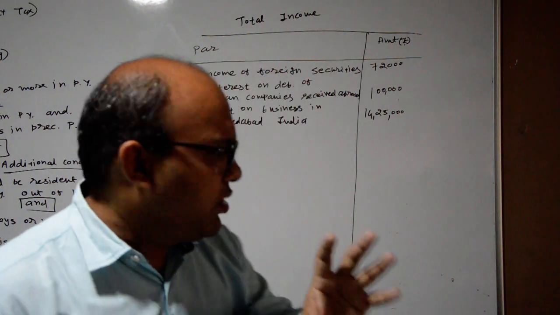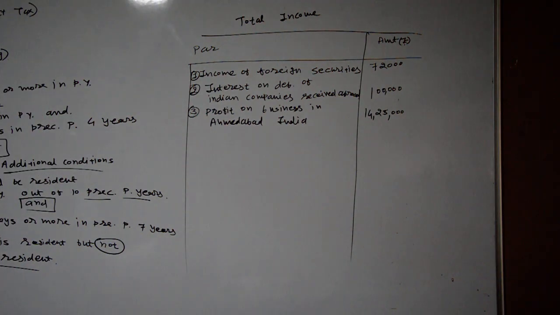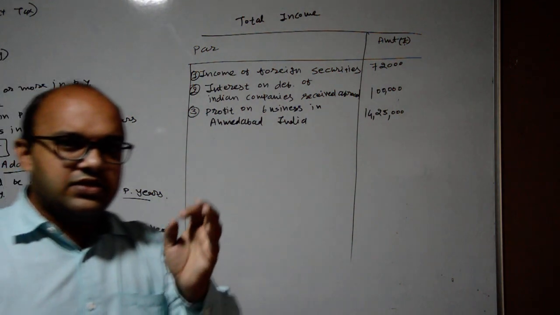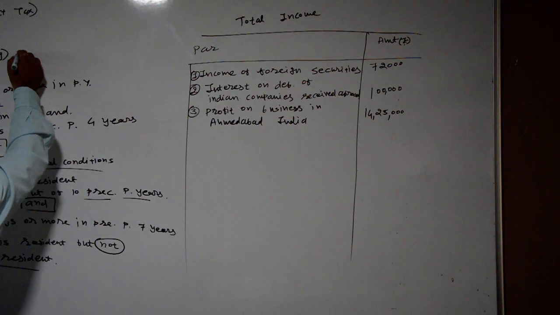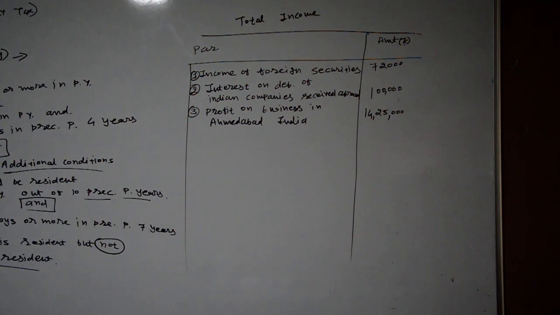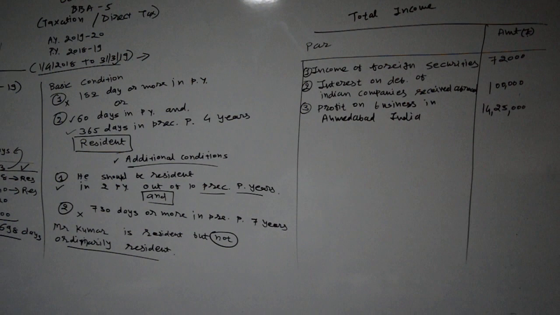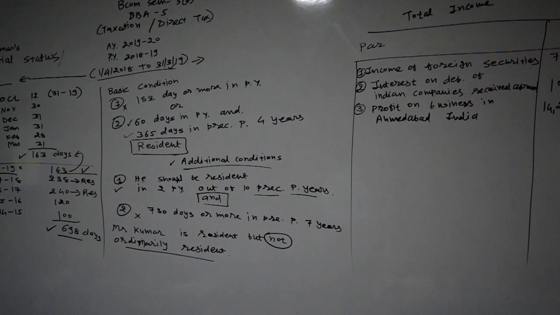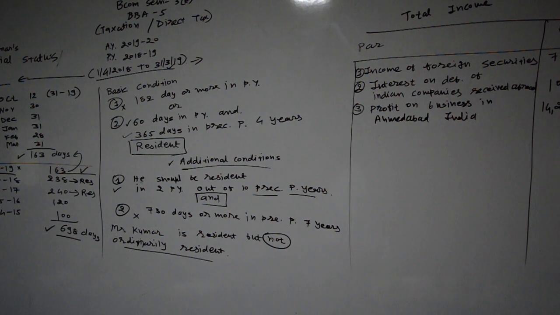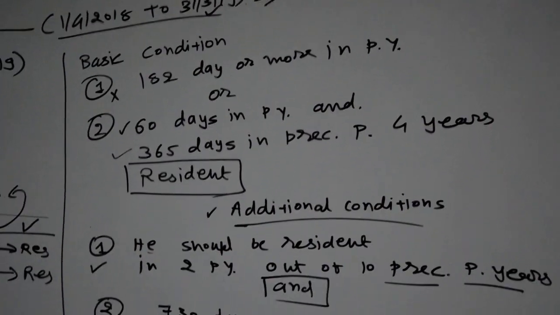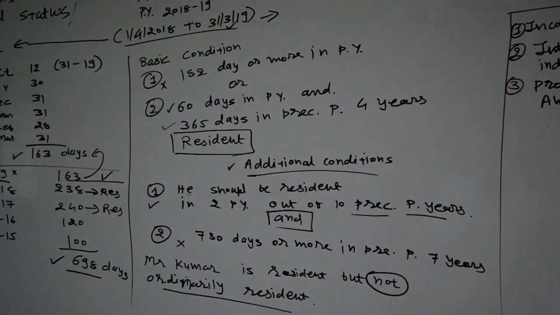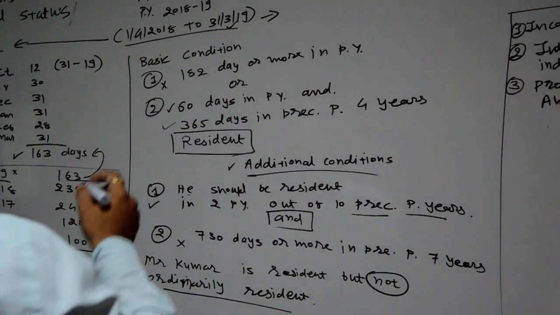So we understand only that it was from previous years, and we have to consider only income of this previous year. Please check that our previous year is 1st April 2018 to 31st March 2019.